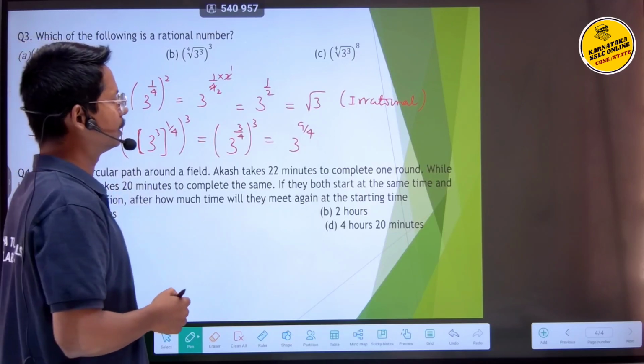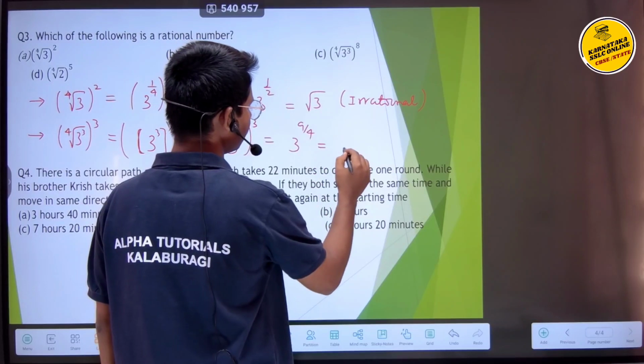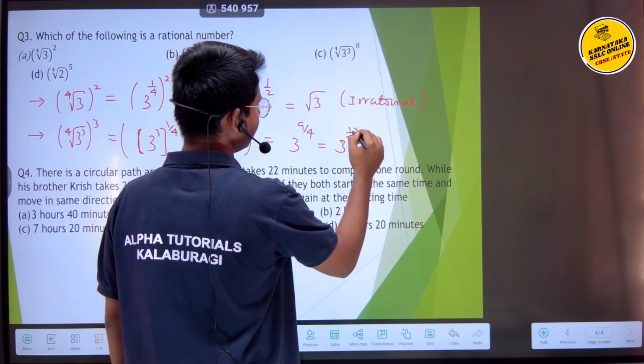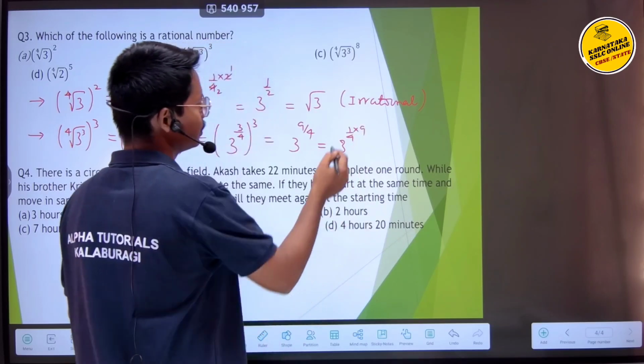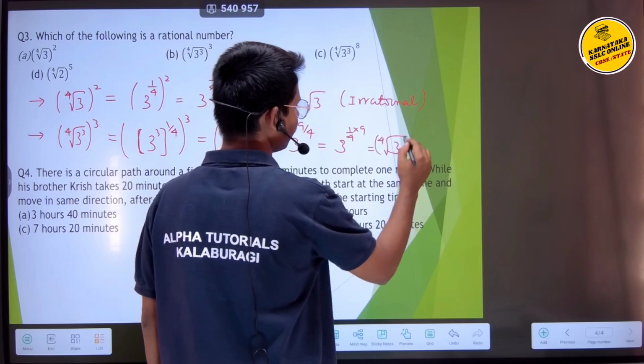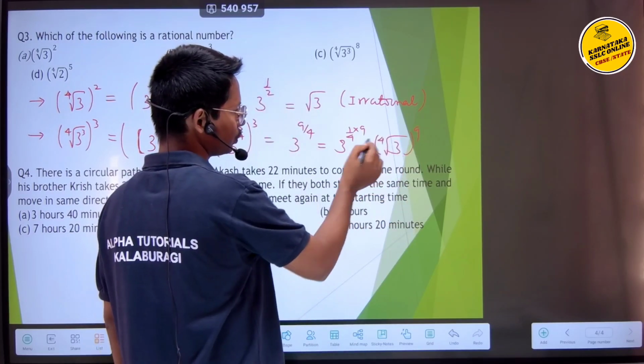So 3 to the power 9 by 4, or even you can write this as 1 by 4 into 9, isn't it? So 3 to the power 1 by 4 means the fourth root of 3 to the power 9. But do you think 3 is a fourth power?